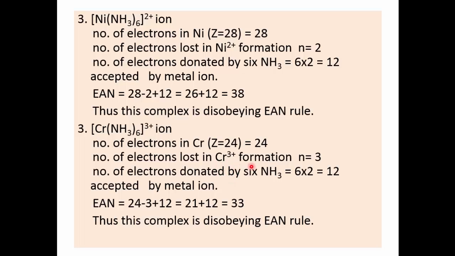Cr3+ ion is formed, therefore the value of N is equal to 3. 6 ammonia molecules donate 12 electrons, which are accepted by chromium. So EAN is equal to 24 minus 3 plus 12, which is 33. It is not the atomic number of any inert gas. So we say that this complex is disobeying the EAN rule.